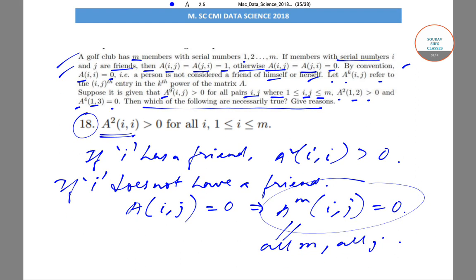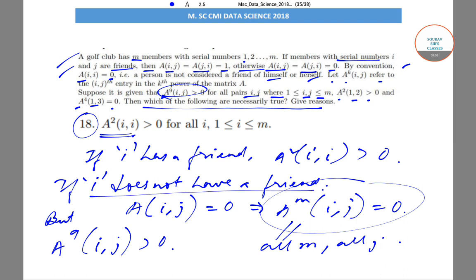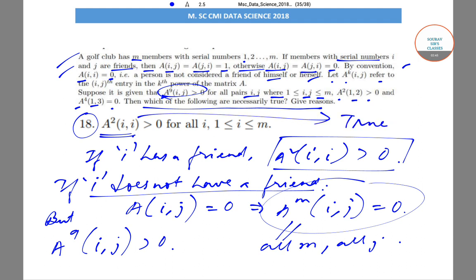But we have been given that a to the power 9 of i, j is greater than 0 for all pairs of i, j. So it is not possible that i does not have a friend. Therefore i has a friend and a square of i, i is greater than 0. So this statement is true.